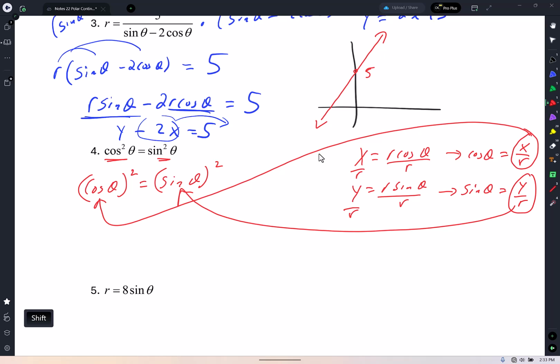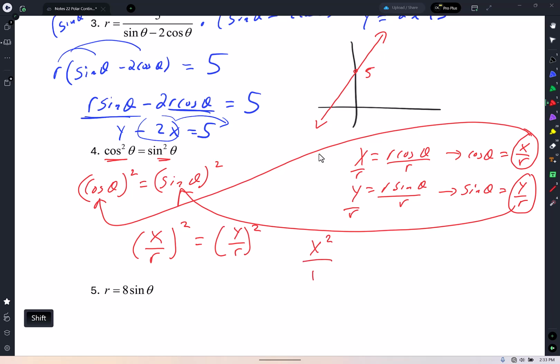So I'm going to come back and I'm going to write x over r, close it squared, equals parenthesis y over r, close it squared. So the only difference is we're changing it. I just use my law of exponents.